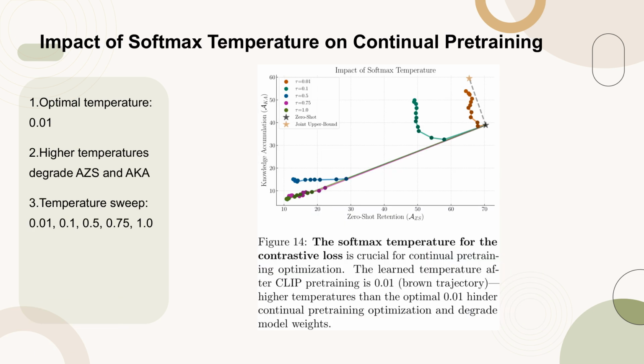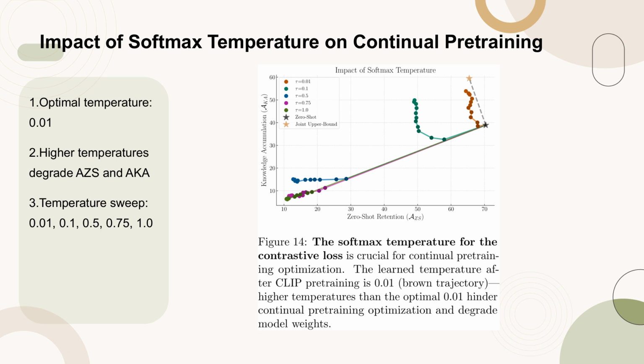Figure 14 illustrates the critical role of the softmax temperature and the contrastive loss for continual pre-training optimization. The figure shows that the learned temperature after CLIP pre-training is 0.01, which is considered optimal. Increasing the temperature beyond this optimal value significantly hinders the optimization process and degrades the model's performance.